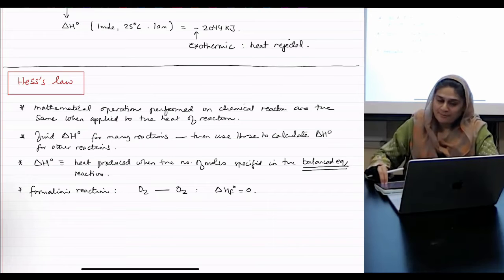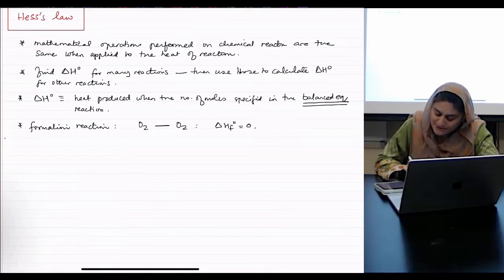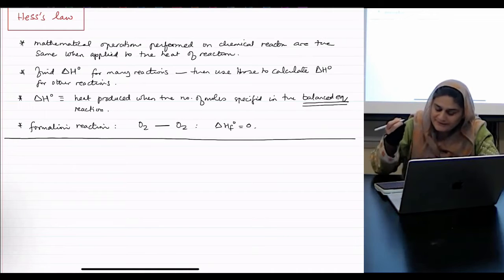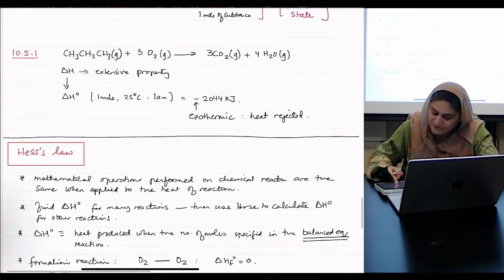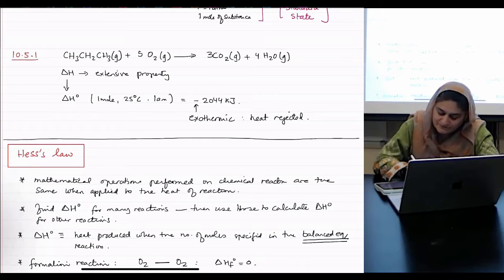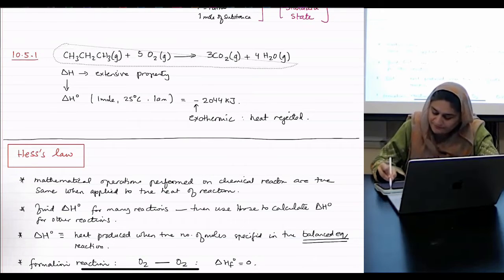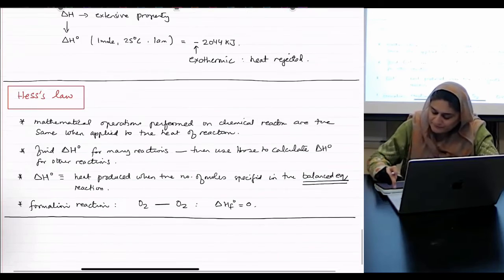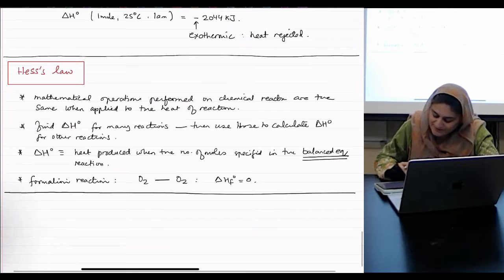So for example, if I give you this reaction, the methane one, right? So we're still going to use this. Can I just copy it? You have to rewrite it. I'll copy it. I'll be lazy. So I'm going to use this reaction again.